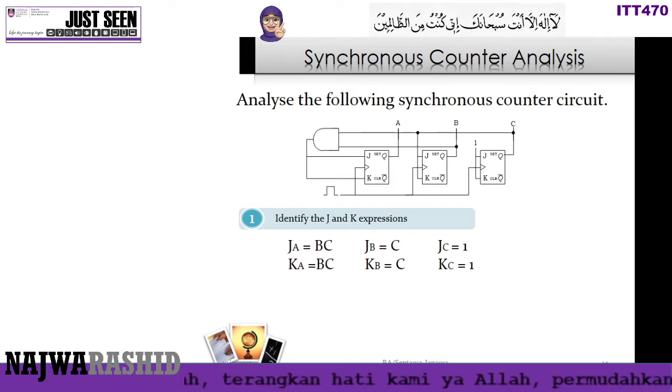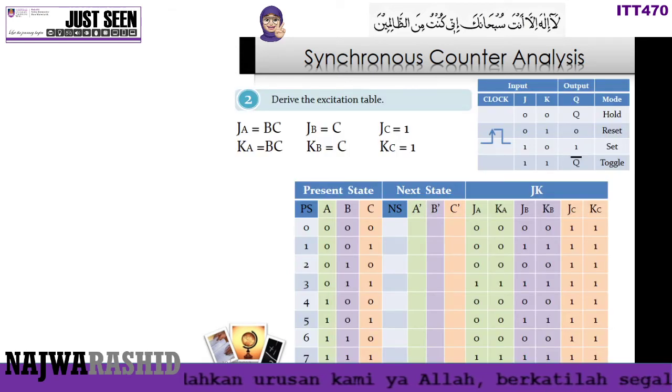Based on these expressions, you need to derive the excitation table. Your excitation table must have the present state, the next state, and the values of JK. Based on this example, you have JKA, JKB, JKC, which means you have 3 JK flip-flops.